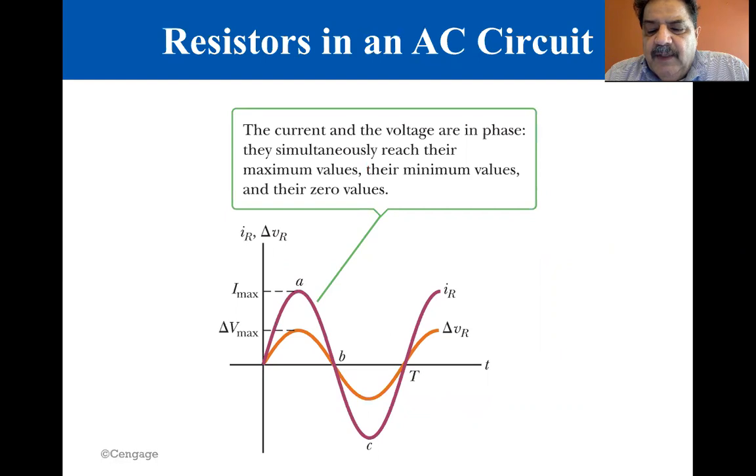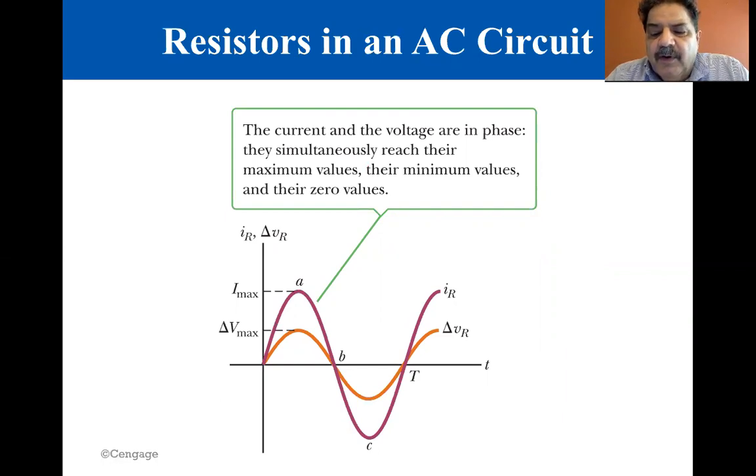Between points A and B, the current is decreasing in magnitude, but is still in the positive direction. At point B, the current is momentarily zero. It then begins to increase in the opposite negative direction between points B and C. At point C, the current has reached its maximum value in the negative direction.